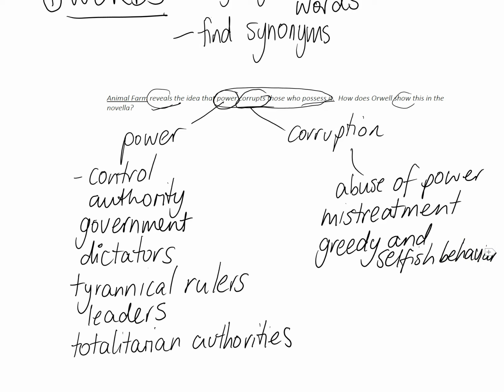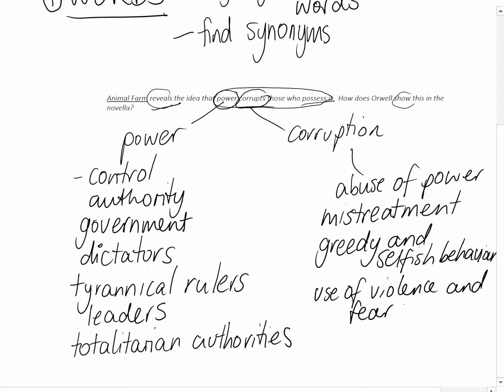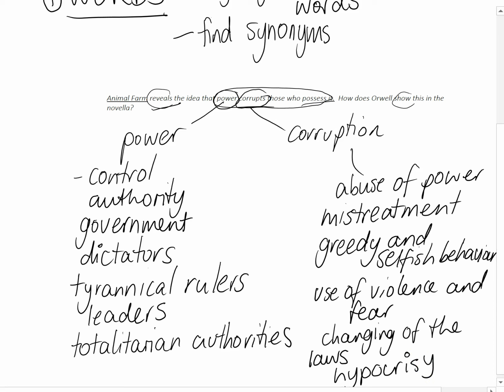We might look at use of violence and fear. What sort of corruption can we think of? There's corruption in changing of the laws. We might look at hypocrisy. So that's step 1, words.